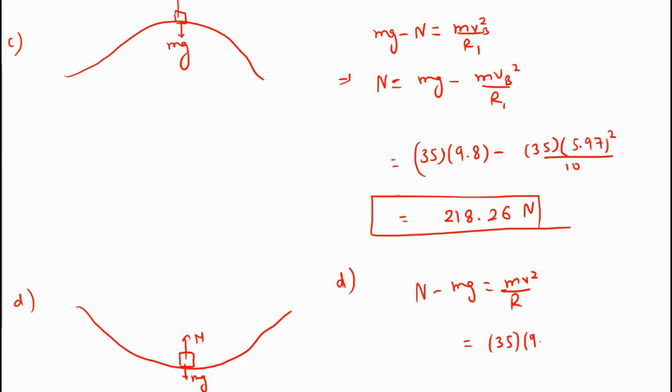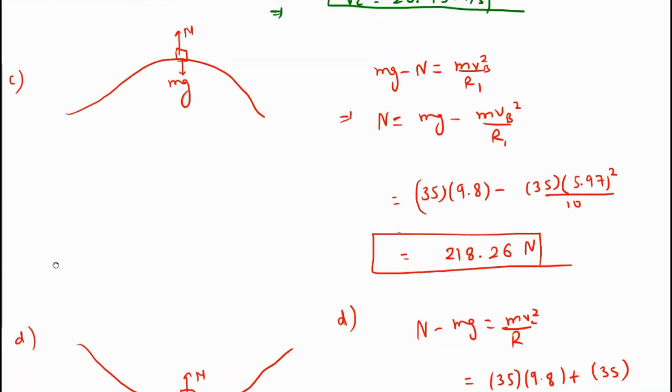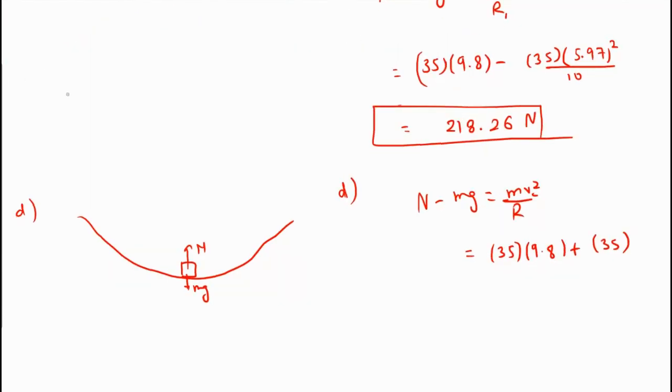So 35 times 9.8 plus 35 times the velocity at point C, which we already found is 26.75, so 26.75 square over 10.